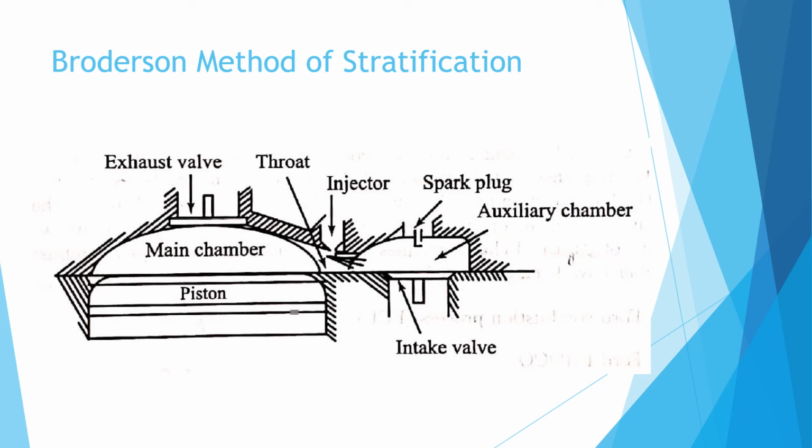Almost all the fuel injected into the auxiliary chamber will remain there and will form an ignitable mixture near the spark plug. The main chamber will contain only air or very lean mixture. Due to the blast of flame from the auxiliary chamber, due to the torch effect, the lean mixture in the main chamber is burned.